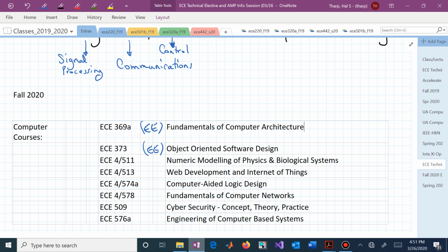One more class in the computer area, although these classes start to jump boundaries many different times, in that you might see 411, 511 in a signals and systems classification. So don't think that, oh, I'm not in the computer engineering option, I can't take that. Well, no, you probably can. Likewise with 576A, that's engineering of computer-based systems.